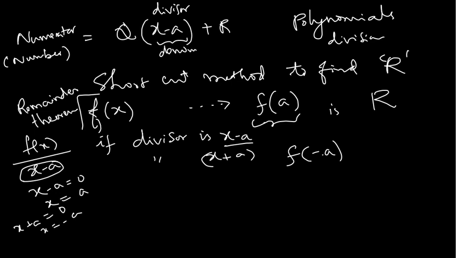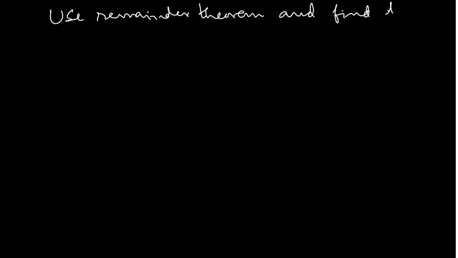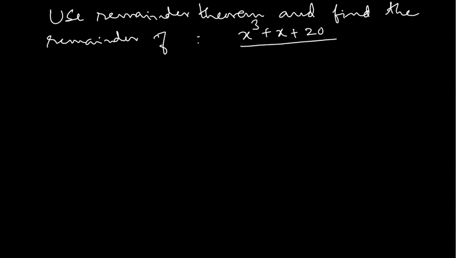Okay, so we'll do an example now. Use the remainder theorem and find the remainder of whatever I am going to give, say x cube plus x plus 20, divided by, shall I take a simple example first, x minus 2.